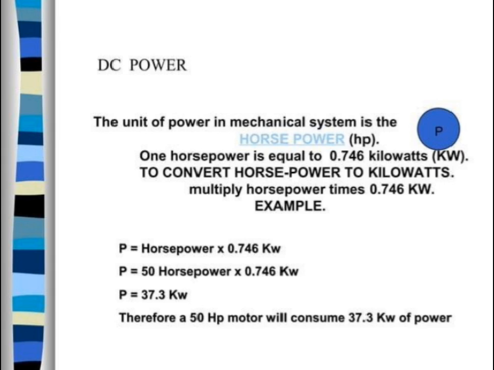Therefore, if the motor is 50 horsepower, it consumes 37.3 kilowatts of power. That is DC power.